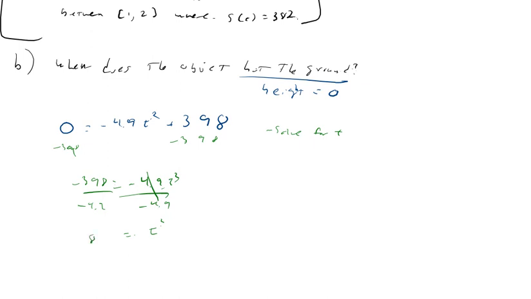Then you square root both sides. T is going to be approximately 9.01. You can just say approximately 9 is fine.